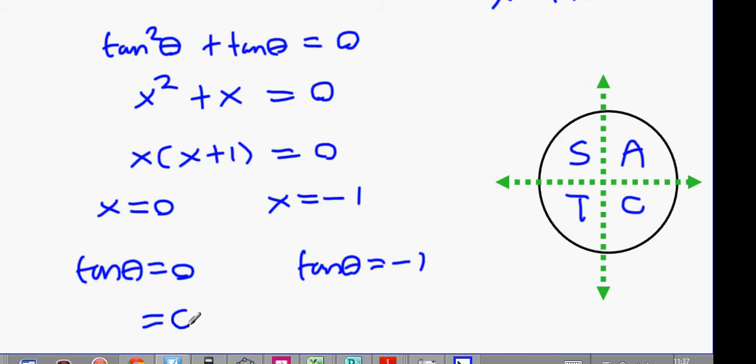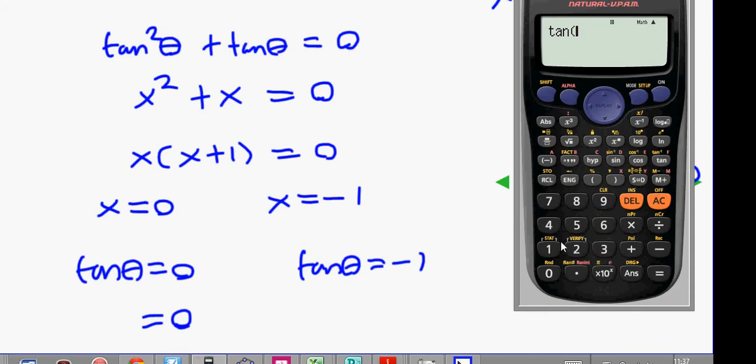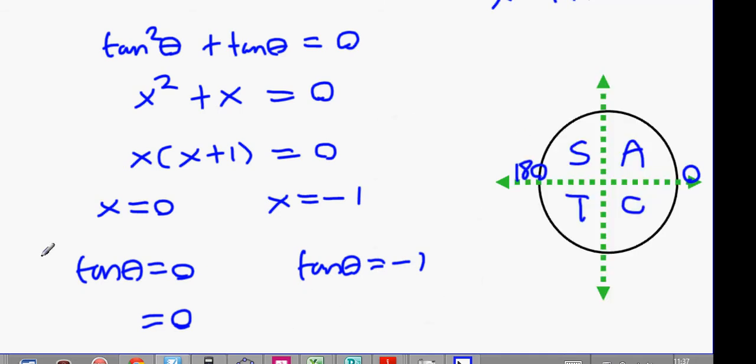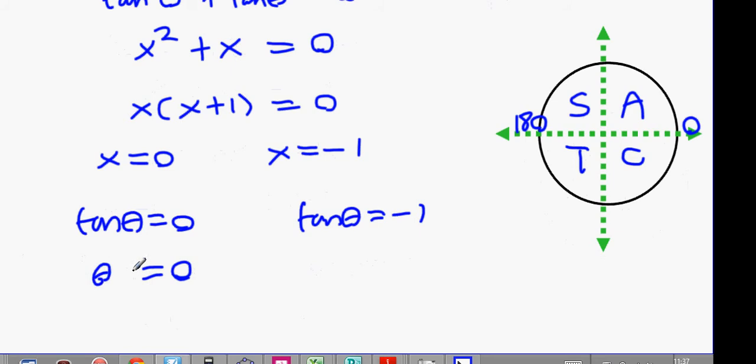What do you think the next answer is going to be then? I'm going to go for 180. Let's try tan 180. Tan 180 is also 0. So theta equals 0, it equals 180. And what's the next one, do you think? 360, because it goes around a full revolution, right?